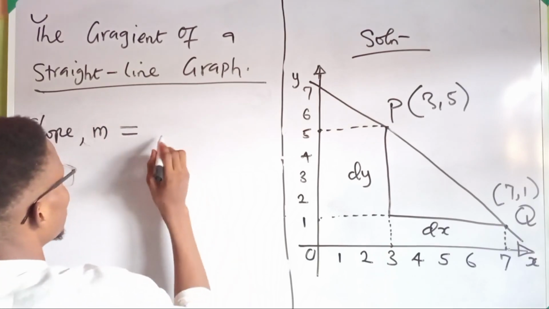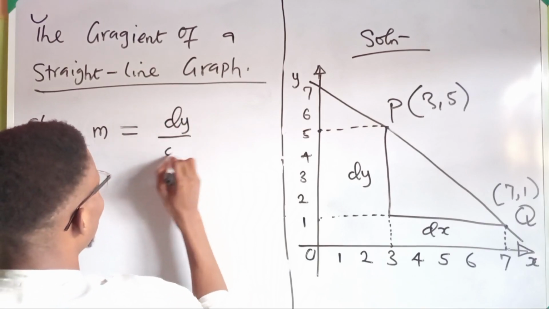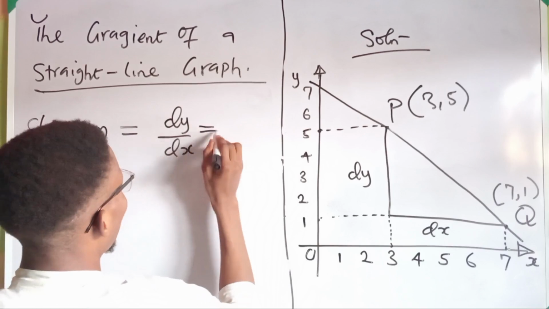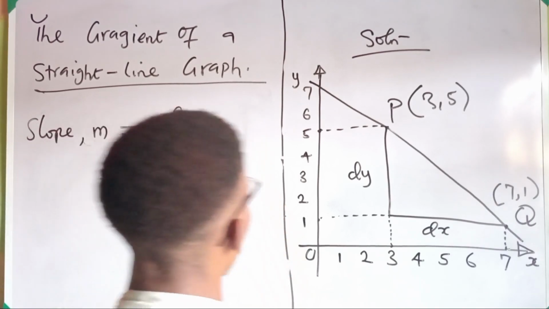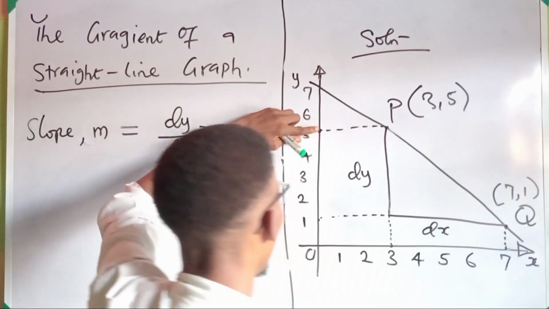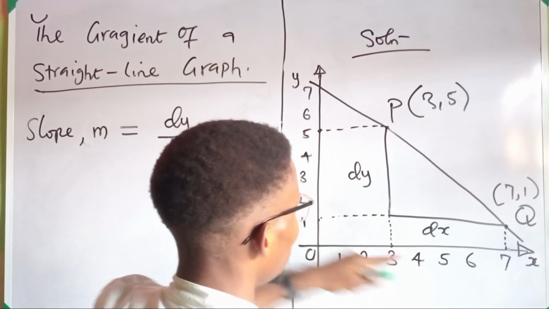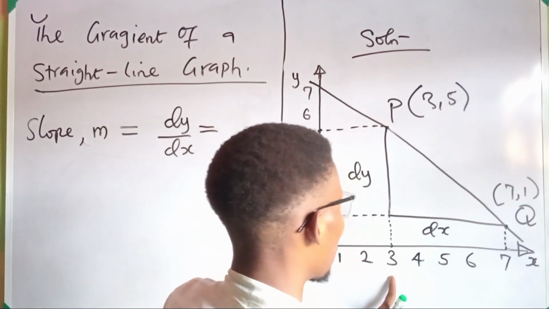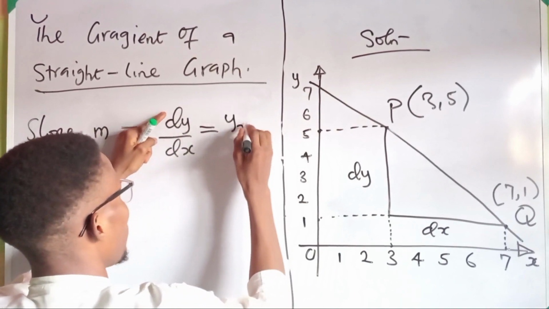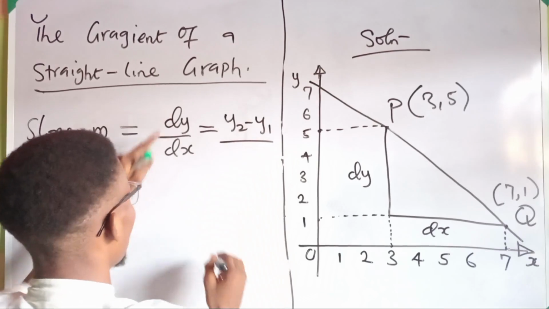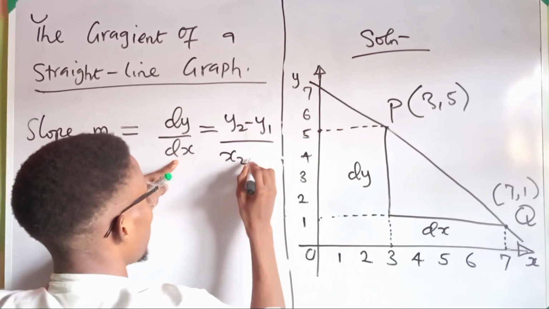It's equal to change in y over change in x, where change in y is dy. Let me explain this. This is y1, this is y2. This is s2, this is s1. So the difference here should be y2 minus y1, all over the difference here, s2 minus s1.